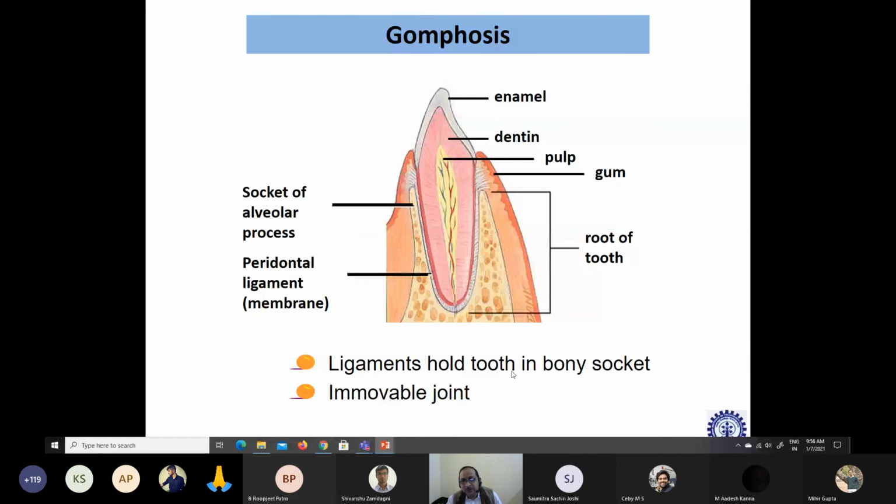Ligaments hold the tooth in the bony socket, and this forms an immovable joint. This is the root of the tooth, and we have the enamel on top and dentine in the middle, and the whole tooth structure is held together in the bony socket through ligaments.